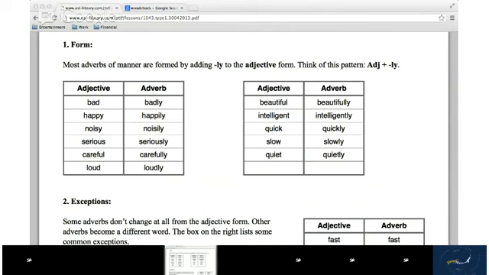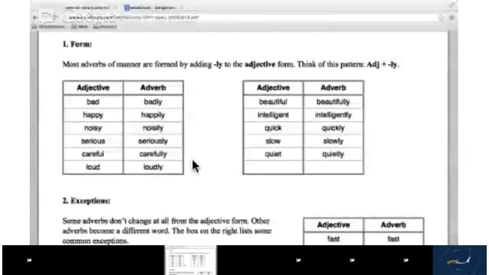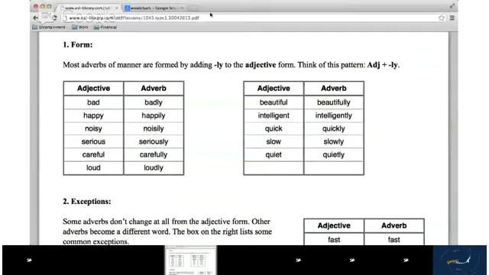Think of this pattern: adjective plus ly. For example, adjective and adverb: bad, badly; happy, happily; noisy, noisily; serious, seriously; careful, carefully; loud, loudly; beautiful, beautifully; intelligent, intelligently; quick, quickly; slow, slowly; quiet, quietly.